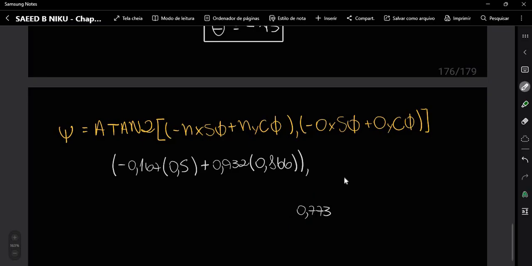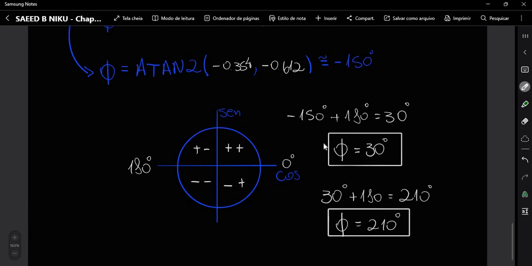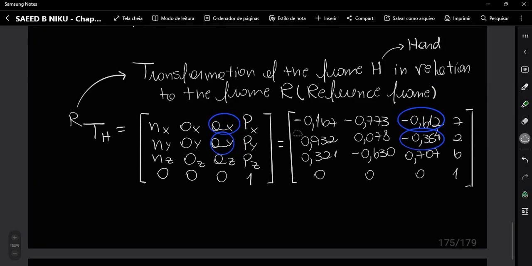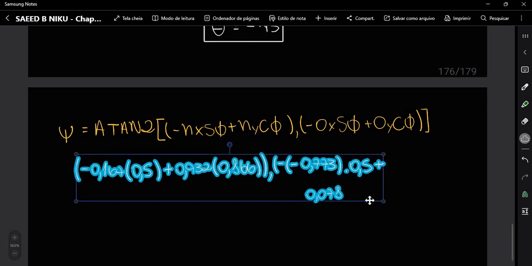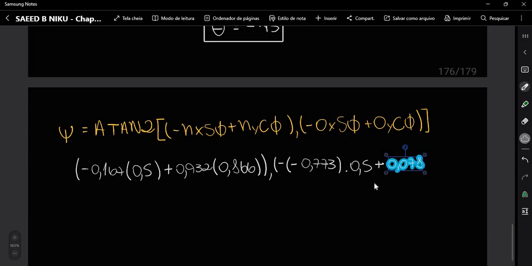And I will do it in a correct way. So it's minus 0.773 times sine of phi, which is equal to 0.5, and now plus OI, and OI is equal to this value times cosine of phi.